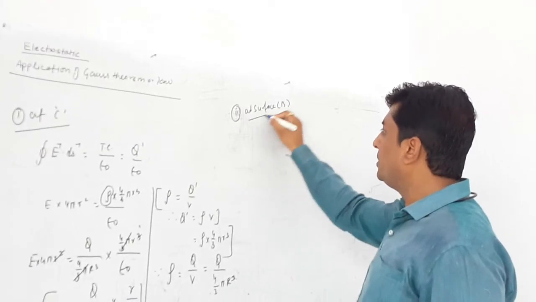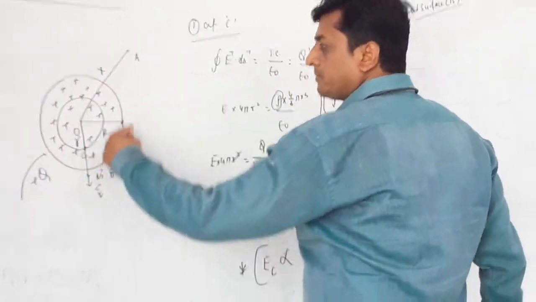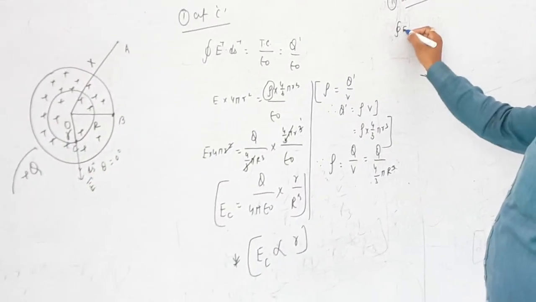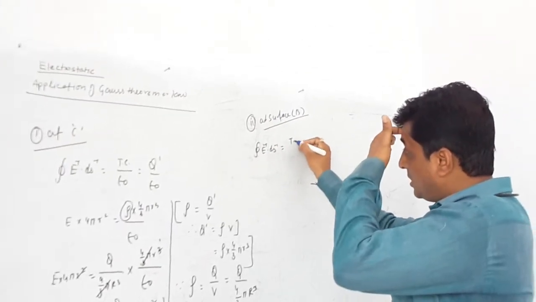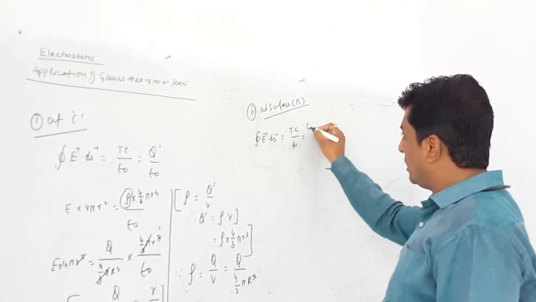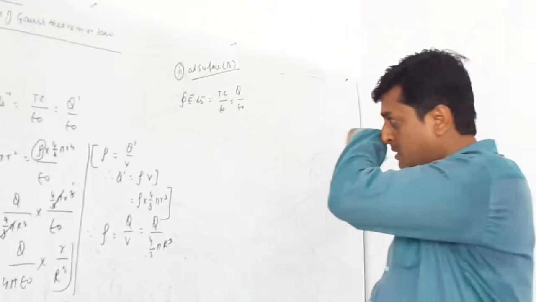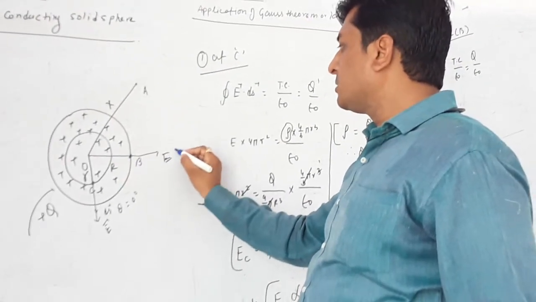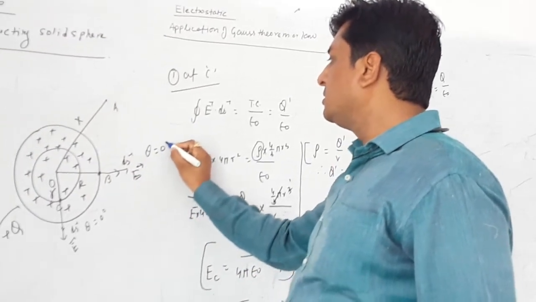Now, secondly, if you want to calculate at the surface, means B, you have assumed here B. So already it is enclosed. Vector E dot vector ds enclosed surface integral is total charge upon epsilon naught. Here total charge is q divided by epsilon naught because here the whole sphere is enclosed. You put here intensity direction is this, area vector is this, that means theta is 0 degree.